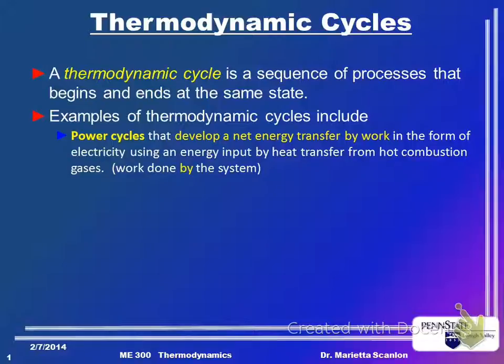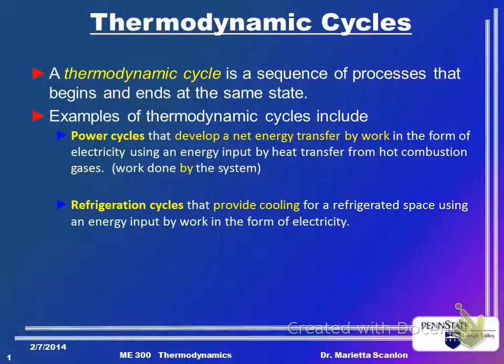This is in very broad terms, not specific to every power cycle. But you put some heat in, whether it's through hot gases or combustion, and you get work out. You undergo a cyclical process that repeats itself, and because the net result is a positive work, it's considered to be a power cycle, okay?